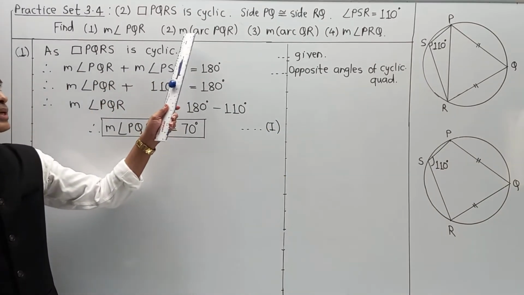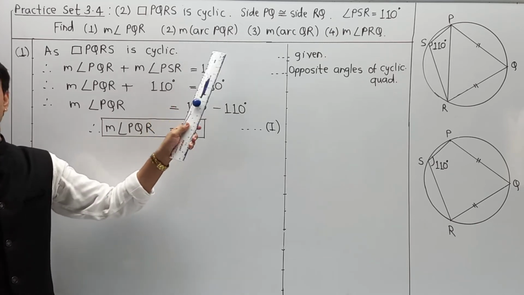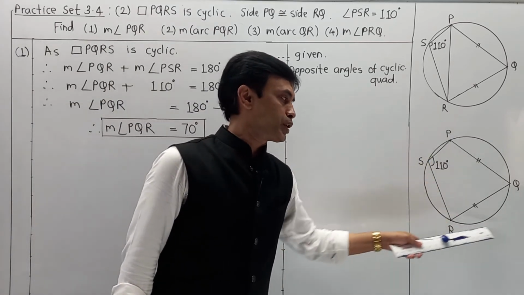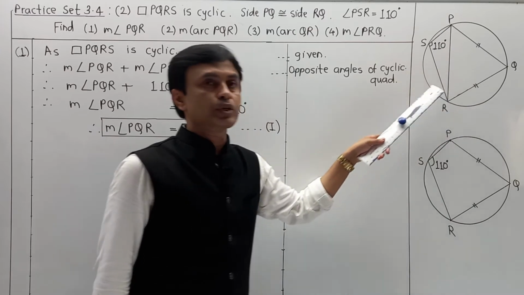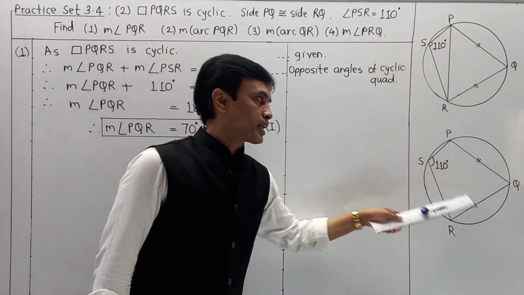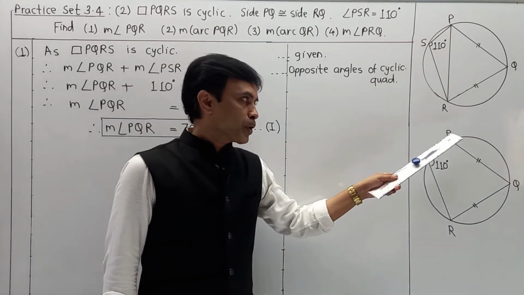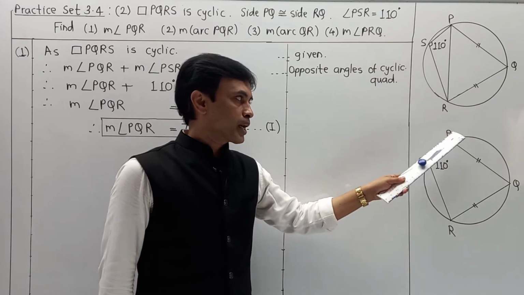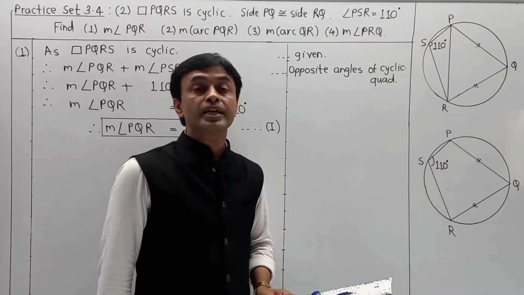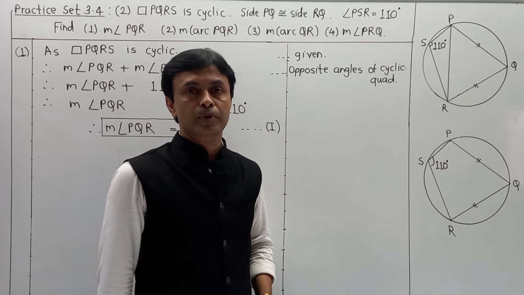Now for the second part, major arc PQR. Remember, they have asked you for the arc. Means we are supposed to find the value of major arc PQR. In this case, you have to think about this arc and its correlation with the angle formed on the circumference of the circle. For angle PSR, this arc PQR is the intercepted arc. Here we are using the intercepted arc property.